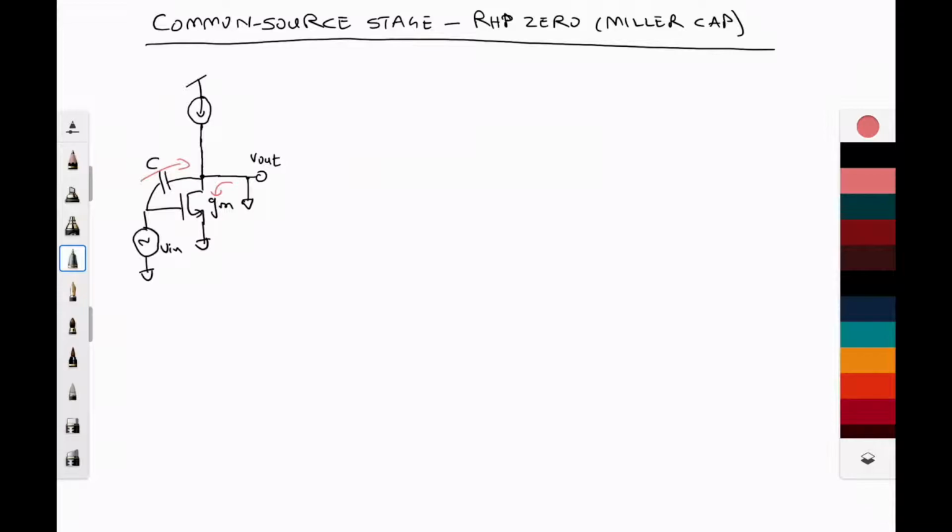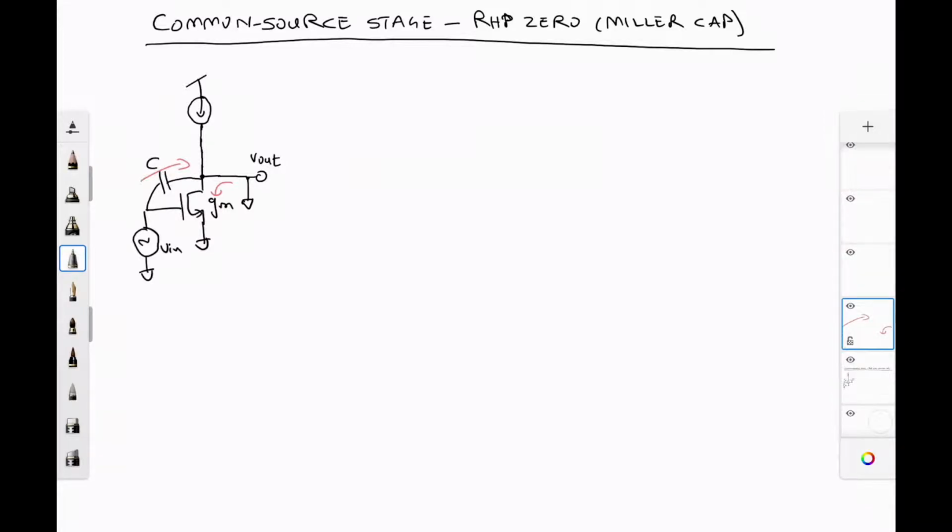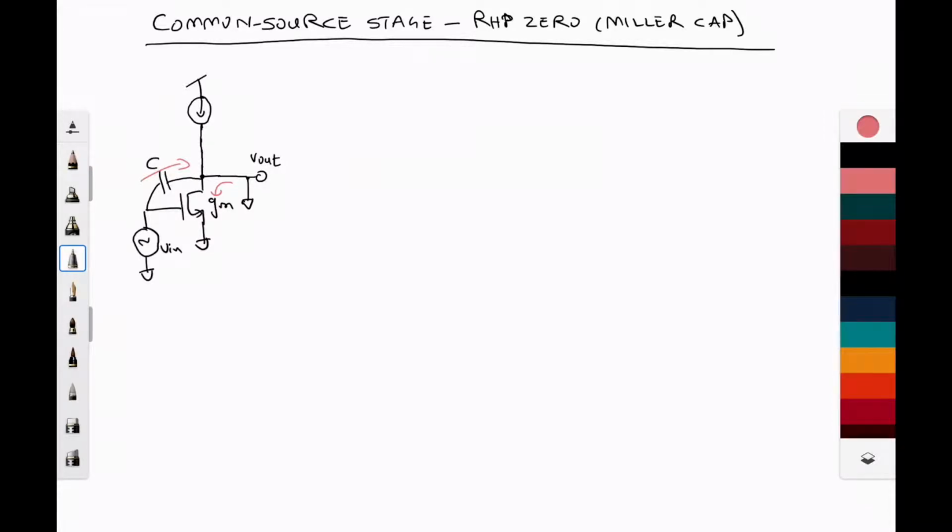Because of superposition, it's completely fine to be able to ground those. So in order to proceed with that analysis, we need to define what the current direction is. So let's just assume that I out is in this direction to ground. It doesn't really matter what it is, but you can choose either one.